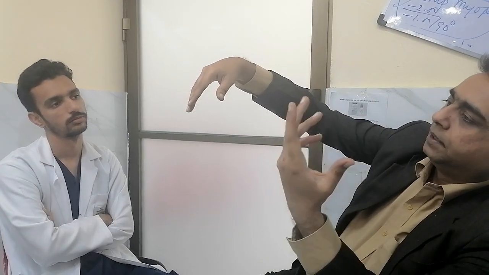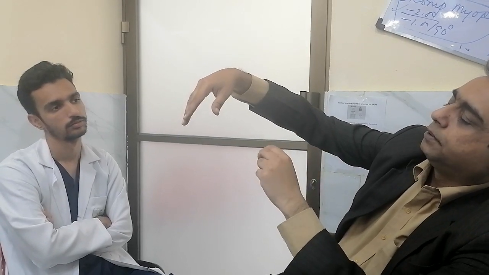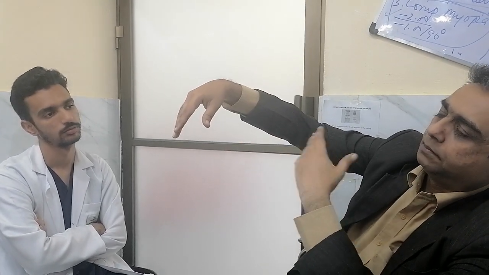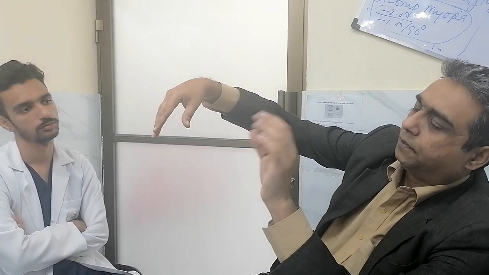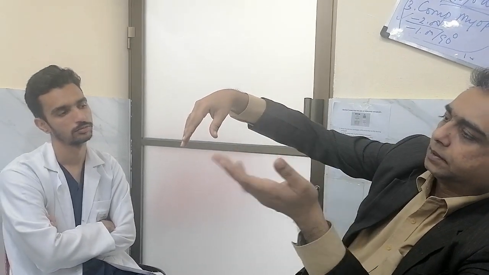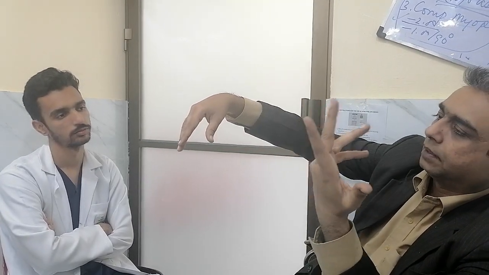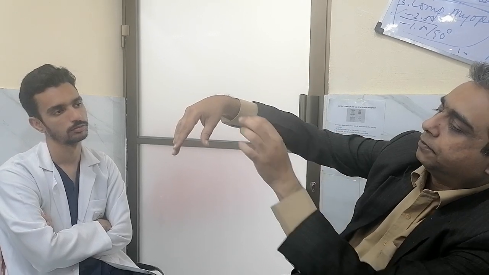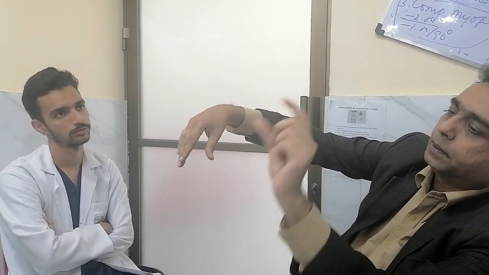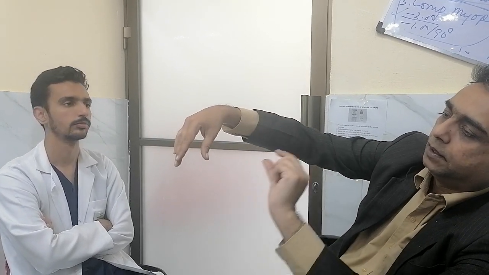Then with the special formula, we come to know if we will cut 5, 6, 8, 7 or 3 or whatever number of millimeters of this levator, which will correct a specific amount of ptosis.